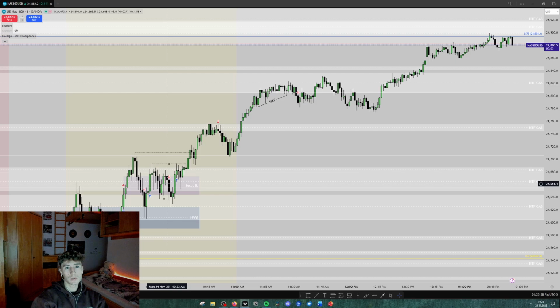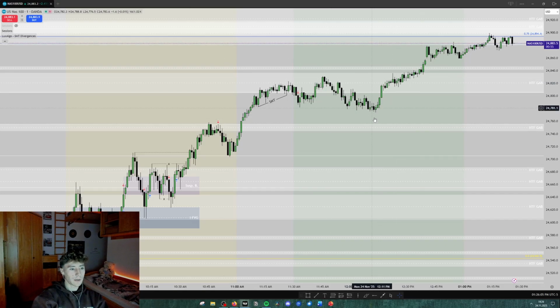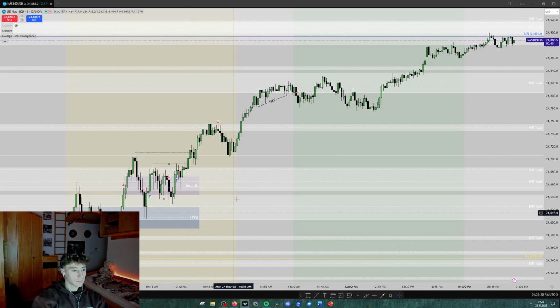So therefore, I don't really want to hold for too much, especially because with lunch we sometimes can reverse or retrace, even if we would eventually reach the upper quadrant. We could also retrace with lunch back to the levels right here, and then with the PM session we would trade higher.